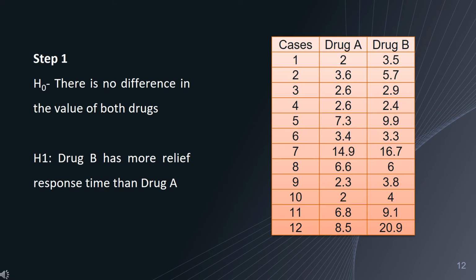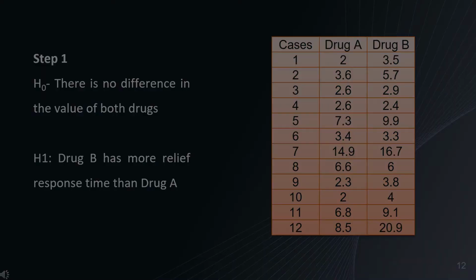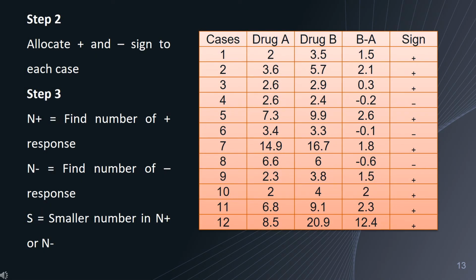So I have set my hypothesis that there is no difference in the value of both the drugs, whereas I set my alternate hypothesis saying that drug B has more relief response time than drug A. So what I do, I subtract B from A. I get some values and then I give positive or negative signs based on whether the difference is positive or negative.